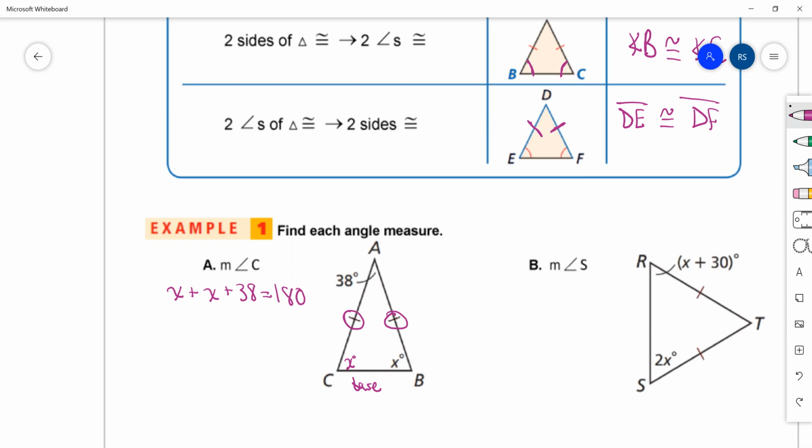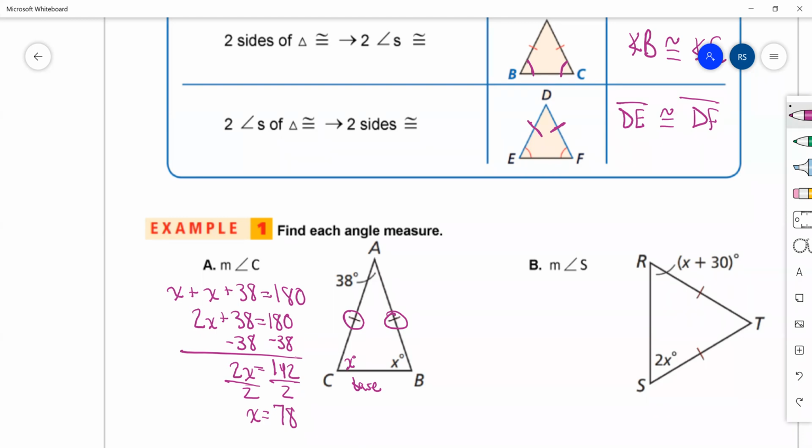This gives us 2x plus 38 equals 180. Subtract 38. You'll get 2x equals 142. Divide by 2, and x equals 78.